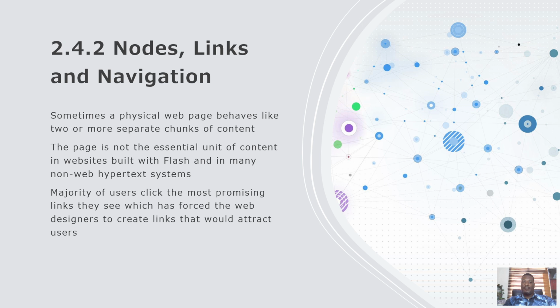So most of the time, the majority of users click on things. Developers have realized that most people click on things that they see as more attractive. So developers also try to put things in place to make it easier for users of a site to click on things that they believe are necessary.